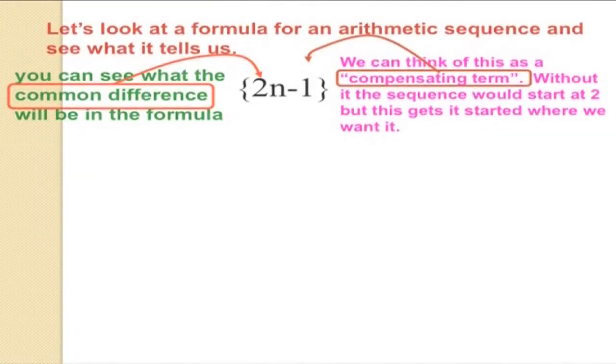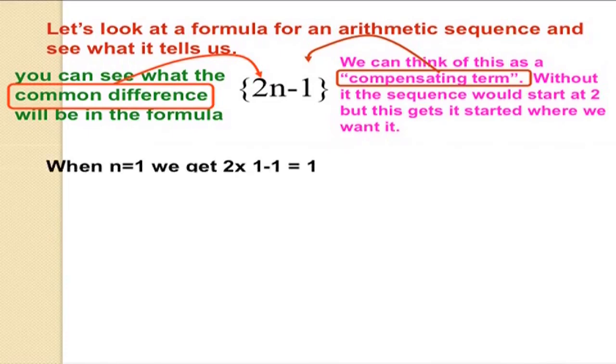Let's look at a formula for an arithmetic sequence and see what it tells us: 2n minus 1. As you can see, the common difference will be in the formula. We can think of the minus 1 as a compensating term. Without it, the sequence would start at 2, but this gets it started where we want it. So when n is equal to 1, we get 2 multiplied by 1 minus 1, which is equal to 1.